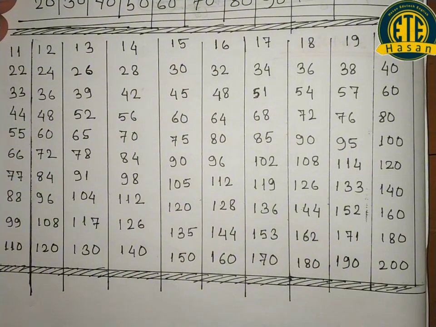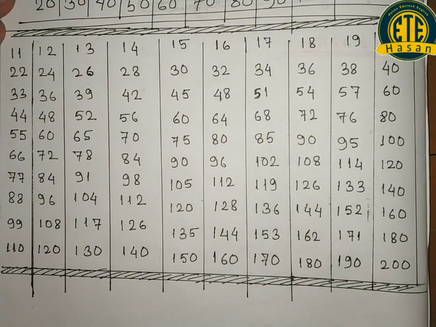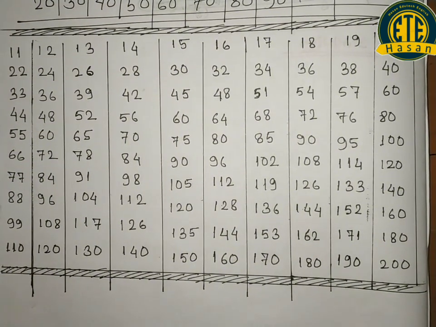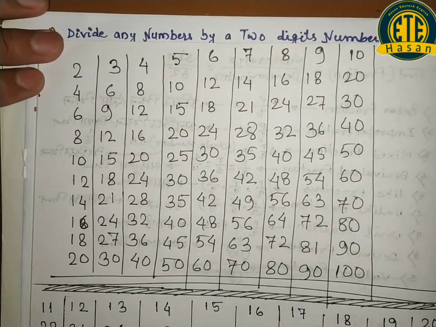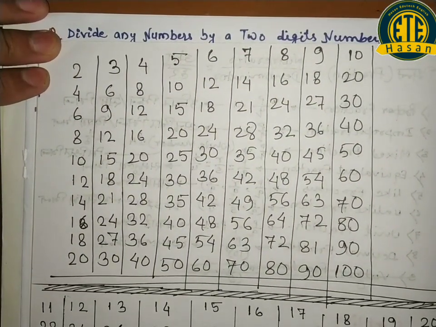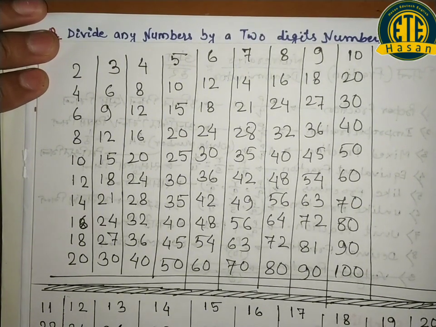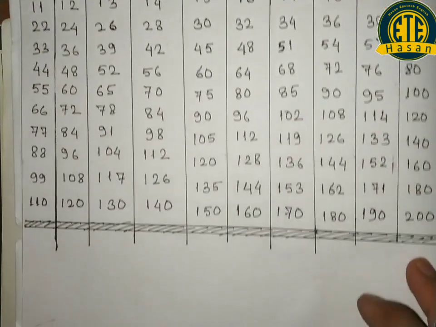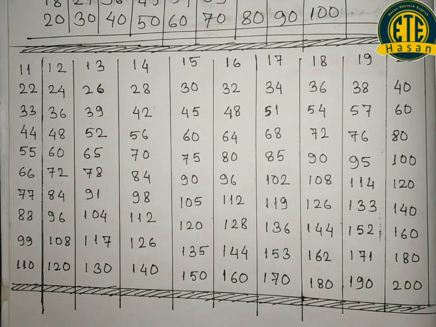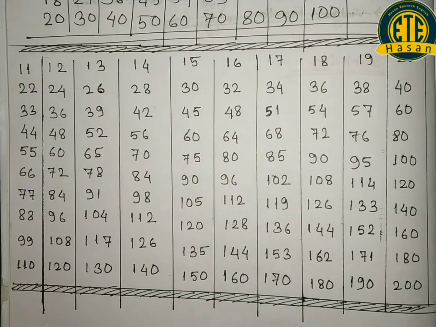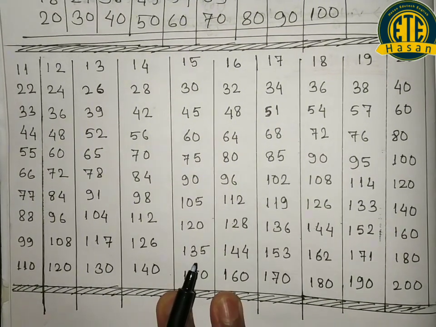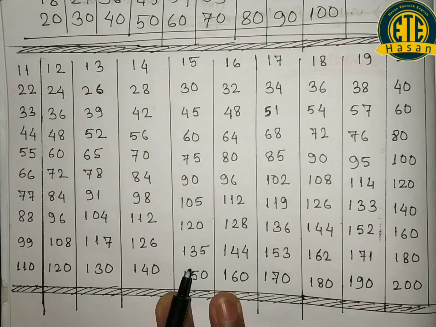This table will be required for double-digit division. Also, if you don't have the 2 to 10 tables, please note them down too. Pause this video and note this down. I will use these tables to divide any number by a two-digit number.